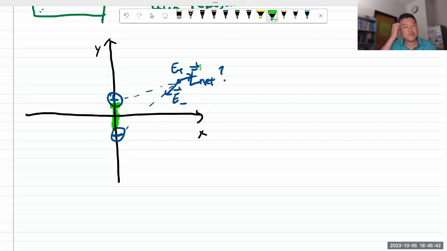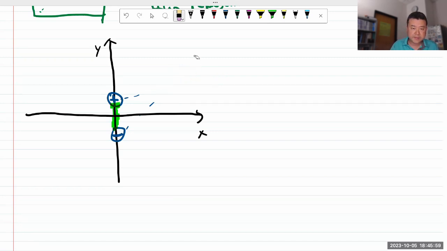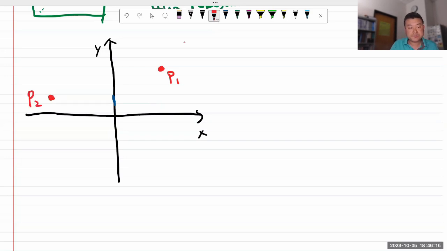So let's go over how you convert between a Cartesian system of coordinate variables and the polar system of coordinate variables. Let me have this example in mind. Let me pick a point. In fact, for the sake of variety, let me pick two points. This is my point 1, and this is my point 2.